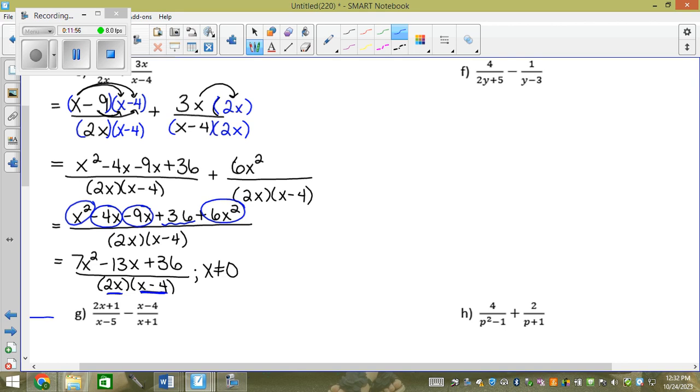If x was what? 4, right? 4 minus 4 is 0. Do we agree? Yes? So can x equal 4? If this is 4 minus 4, it becomes 0. 0 times 2x is 0, correct? So we're trying to find out all the x's that would create this to be 0. So if I put a 4 in here, 4 minus 4 is 0. So x also can't equal 4.